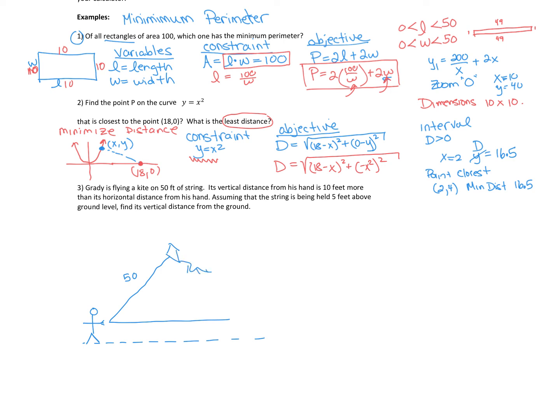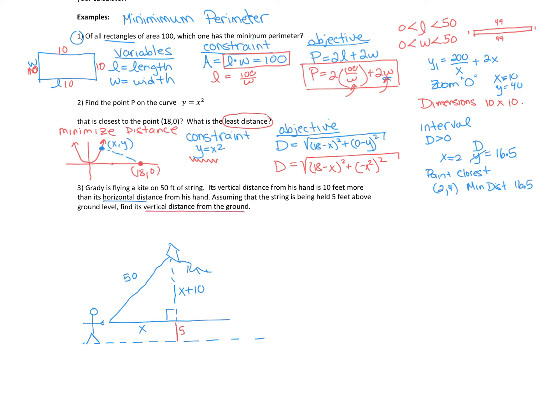Its vertical distance from his hand is 10 feet more than its horizontal distance from his hand. So if we call his horizontal distance x, then this would be x plus 10, and we have a nice right triangle. Assuming the string is being held 5 feet above the ground, so this is 5, find the vertical distance from the ground.